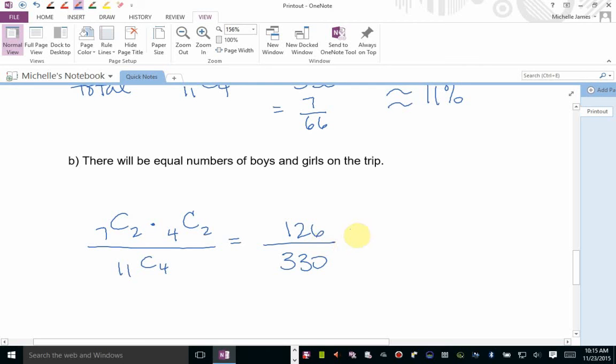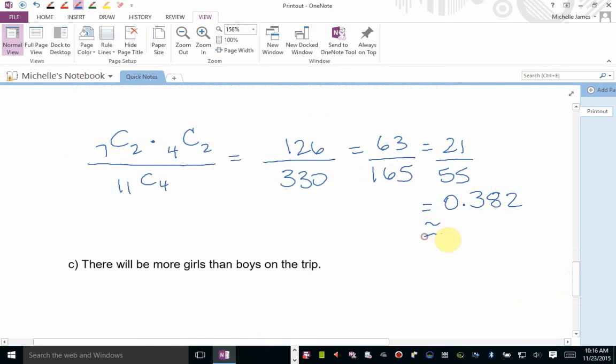You could reduce to get 63 out of 165, which actually continues to reduce because 165 is divisible by 3. Decimal is? Yeah, so we have approximately 38%.